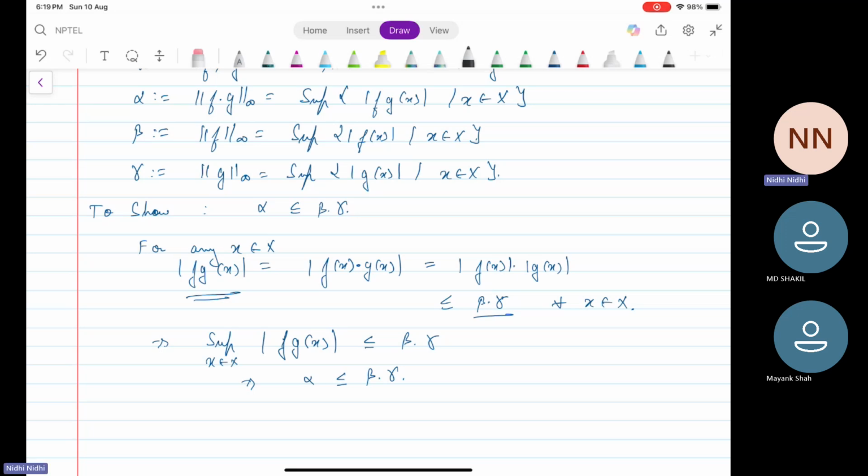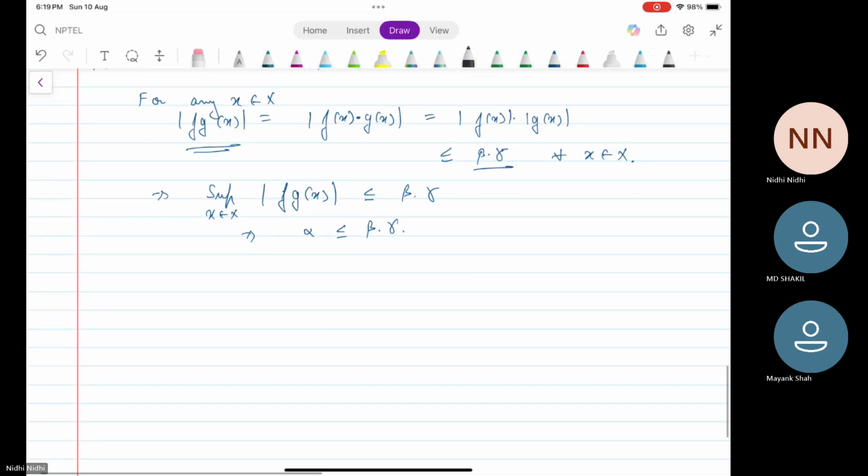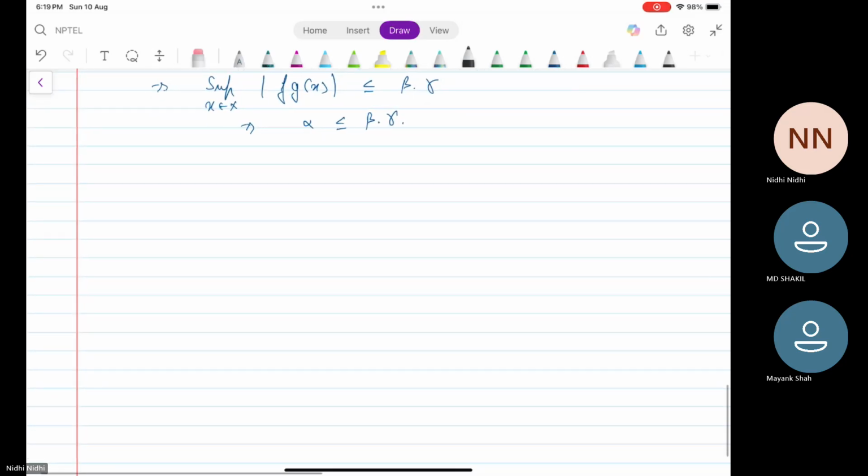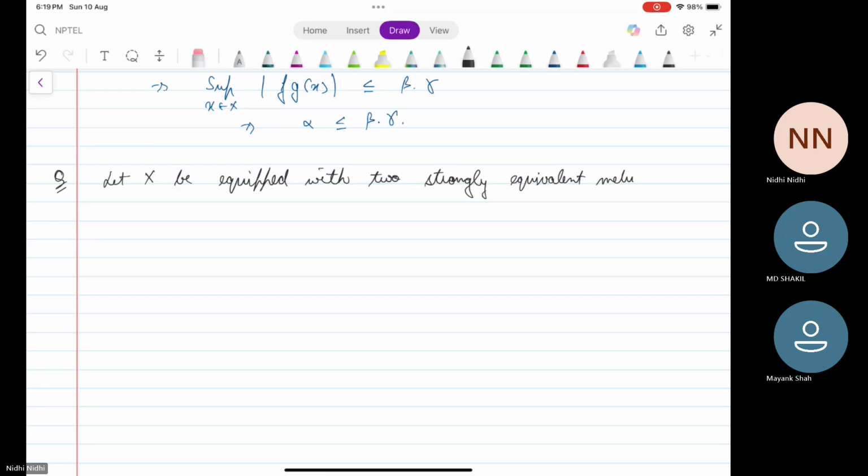Let's move to the exercise problems. Let X be a metric space with two strongly equivalent metrics d and d'.